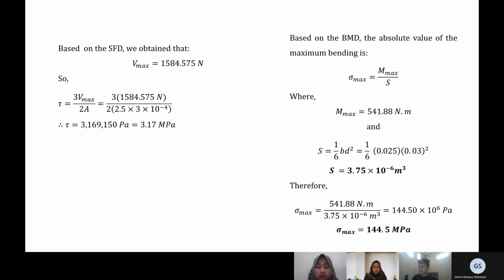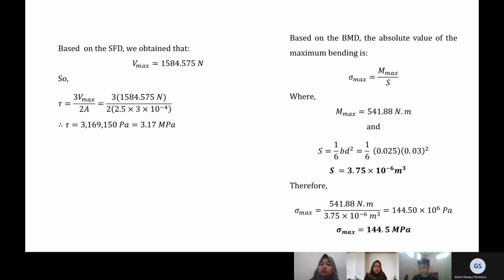From that result, we can conclude from the SFD that the Vmax is equal to 1584.575 Newton. So the tau is equal to 3.17 MPa. Based on the BMD result, we can calculate the sigma maximum by using the formula shown in the slide.